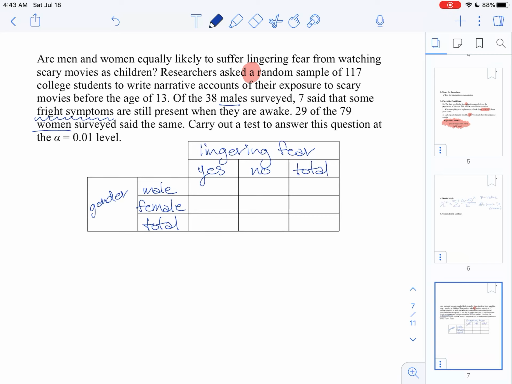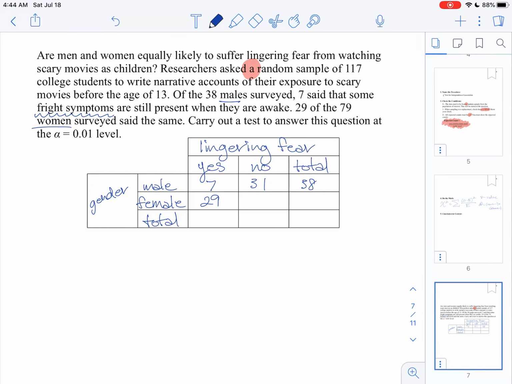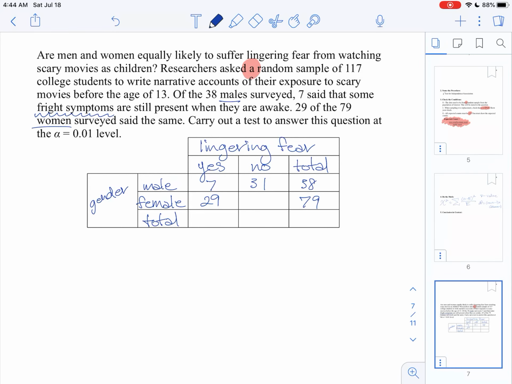So then we'd have our 38 males that were surveyed. So male total is 38. 7 said that they had lingering fear, they had some fright symptoms still present. And that would mean obviously 31 did not. For the women, 29 said yes, they still have lingering fear out of 79 that were surveyed. And so that would leave 50 that are not.